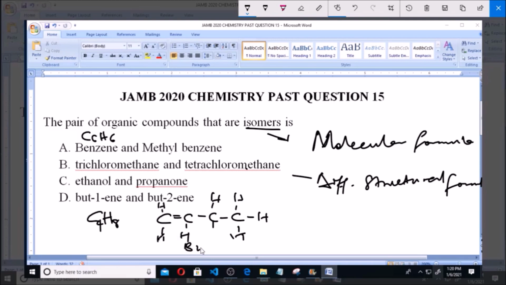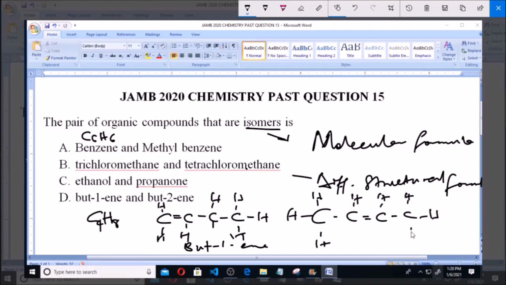This is but-1-ene. But for but-2-ene, the double bond will be attached to the second carbon atom. So you have the hydrogens like this. Now let's count it.